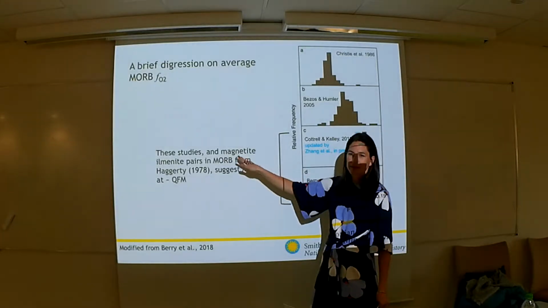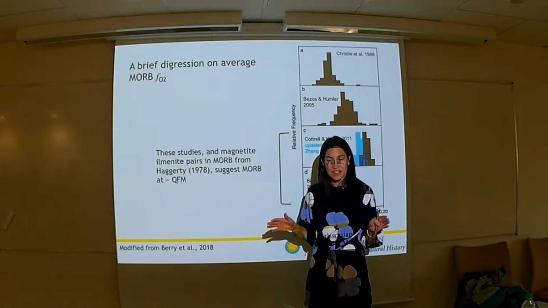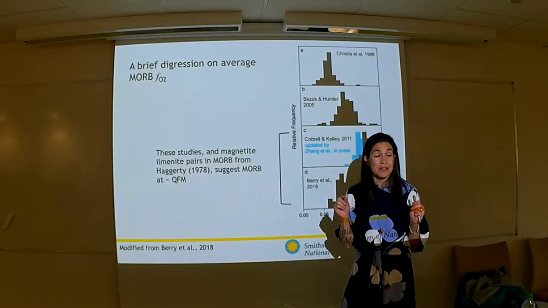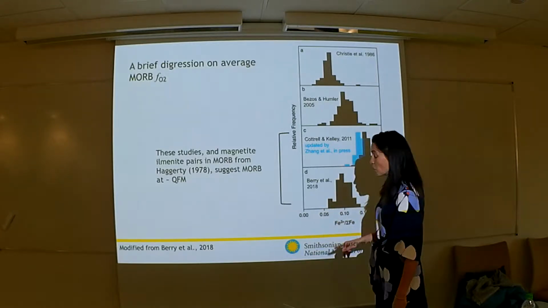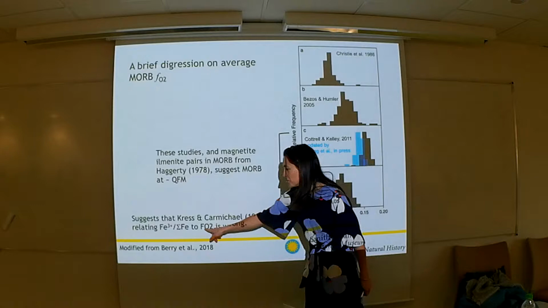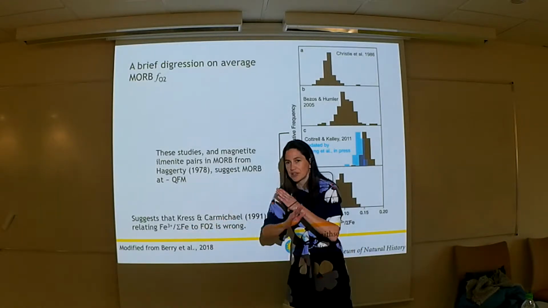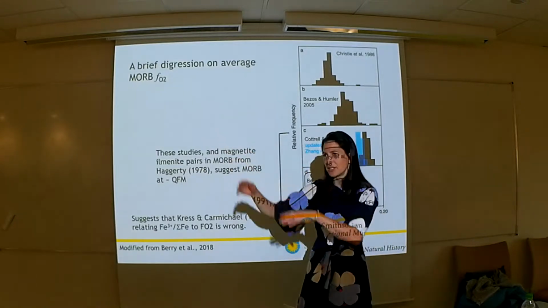What Berry et al. are recognizing is that the Zanes spectra of the glasses look like the spectra of MORB at QFM. So what they're saying is that Kress and Carmichael, the relationship between fO2 and Fe3+ to total, is wrong. They throw it out. Kress and Carmichael.